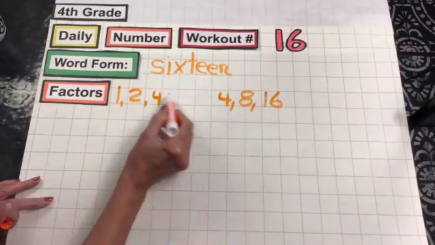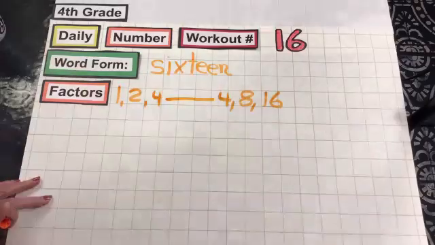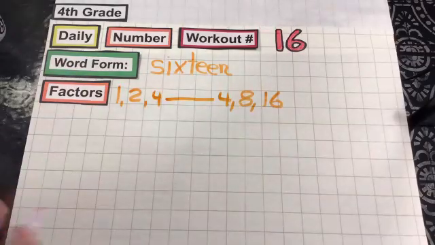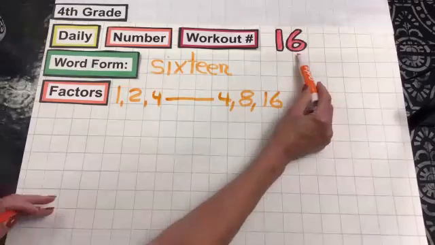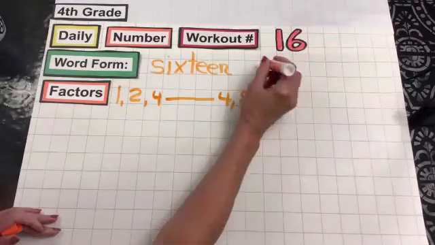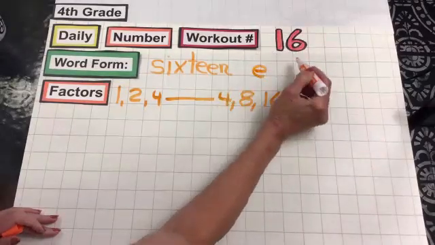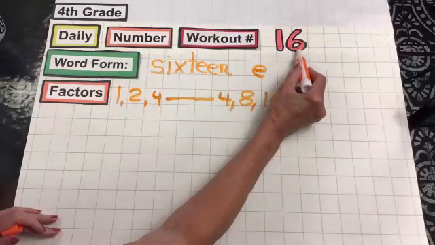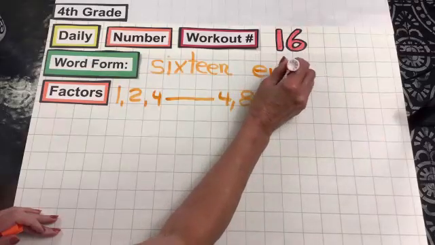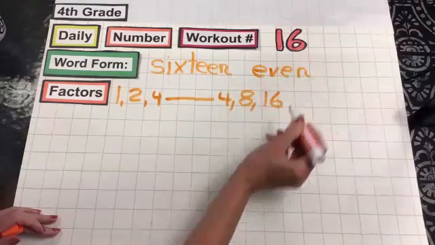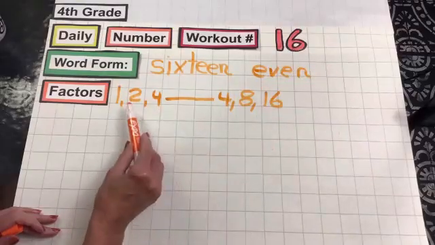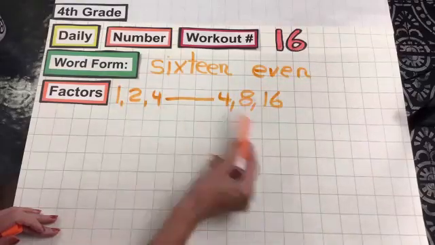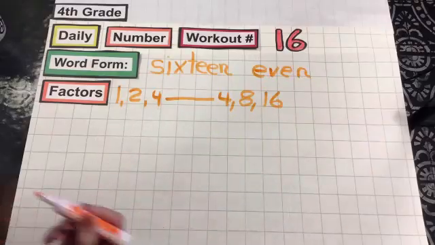And since there's no other numbers between 4 and 4, we're done. Awesome. Since it ends with a 6 in the ones place, we know it's even because any number that has a 0, 2, 4, 6, 8 there is even. And it is not prime because it has more factors than 1 and itself.